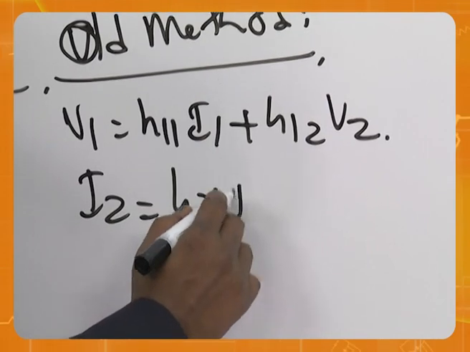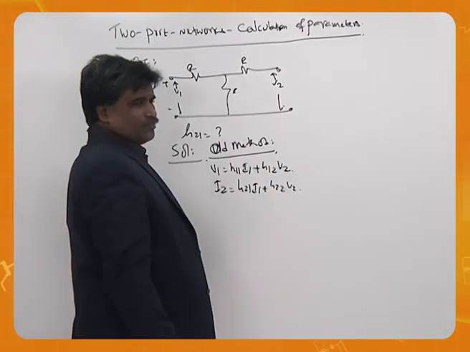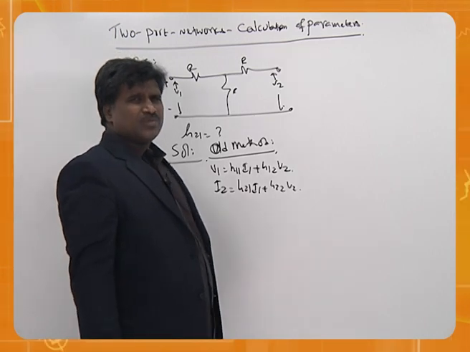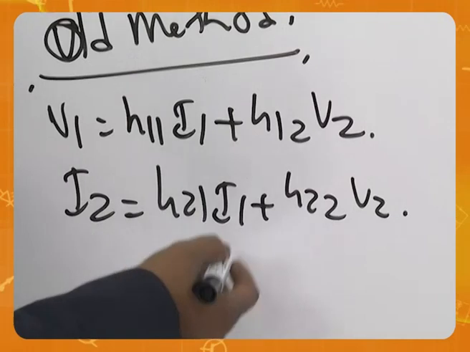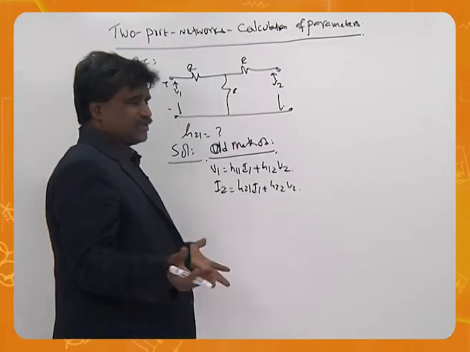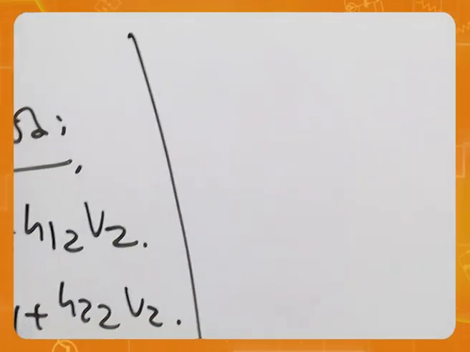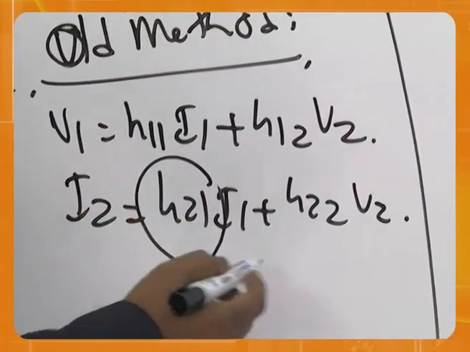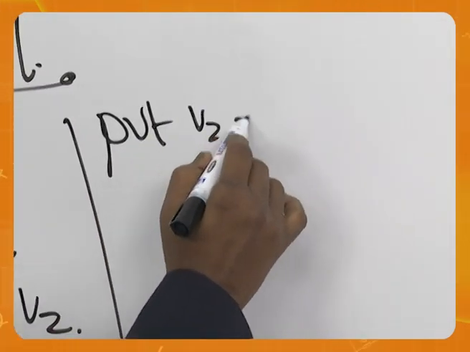I2 is H21 I1 plus H22 V2. What is the best thing to do? Because he is asking only one parameter, we need not waste time calculating all the parameters. So if you want H21, then what to do? Put V2 equal to 0.